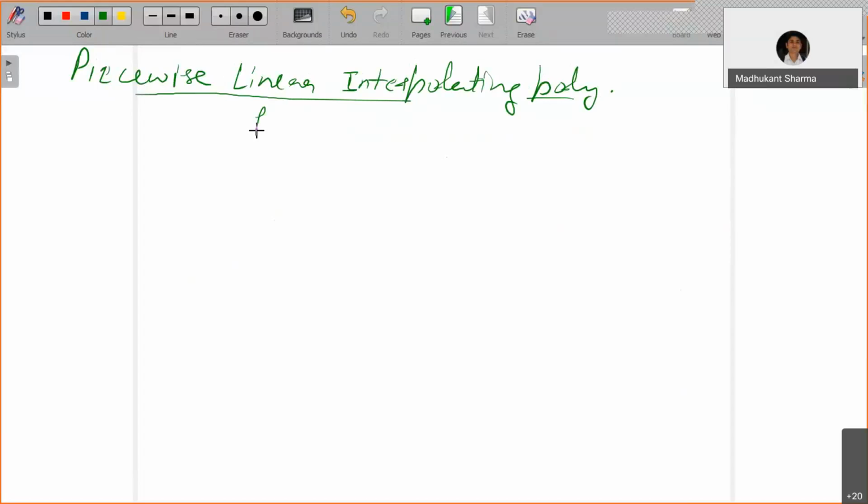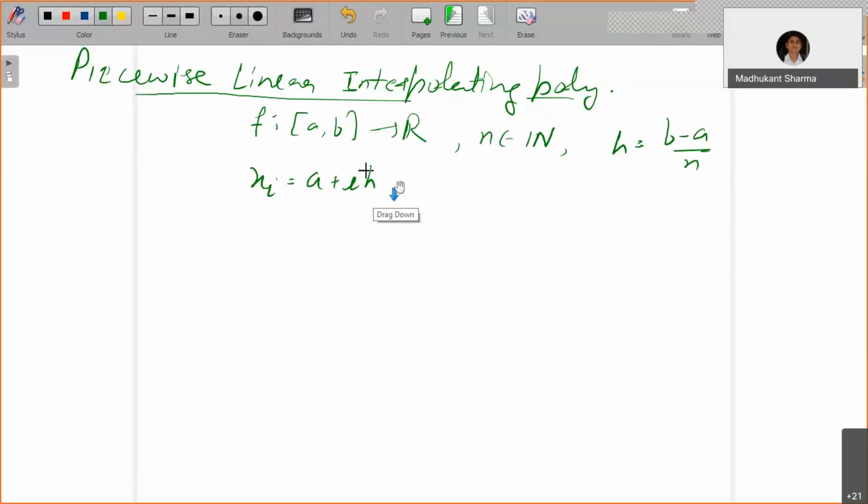You have f from [a, b] to R, a real valued function, and over x0 to xn you have this structure. I am defining h equals (b minus a) by n, and xi equals a plus ih, where i runs from 0, 1, 2, and so on till n. We choose x0, x1, x2, ..., xn as the interpolation points here.